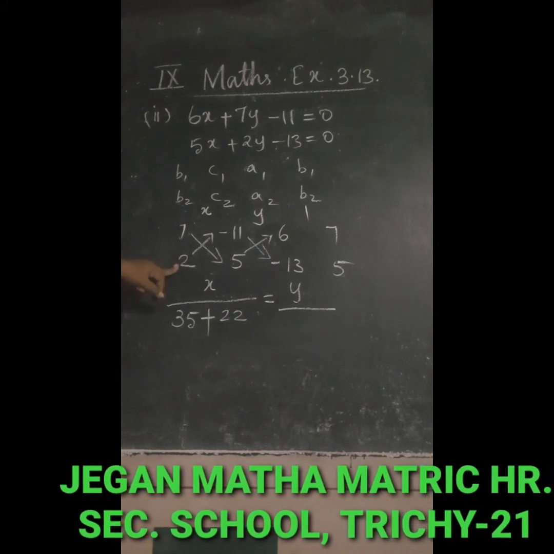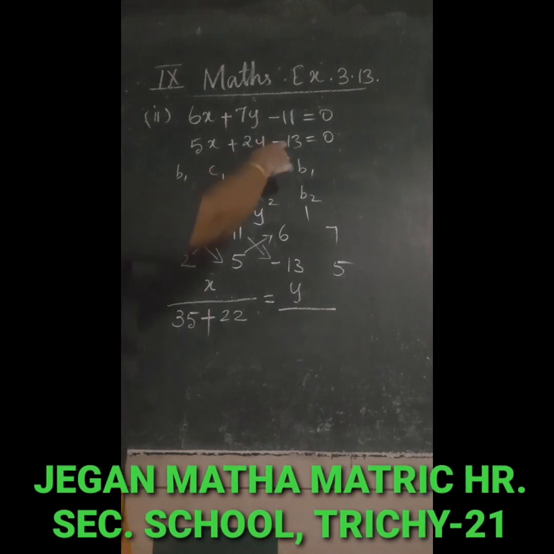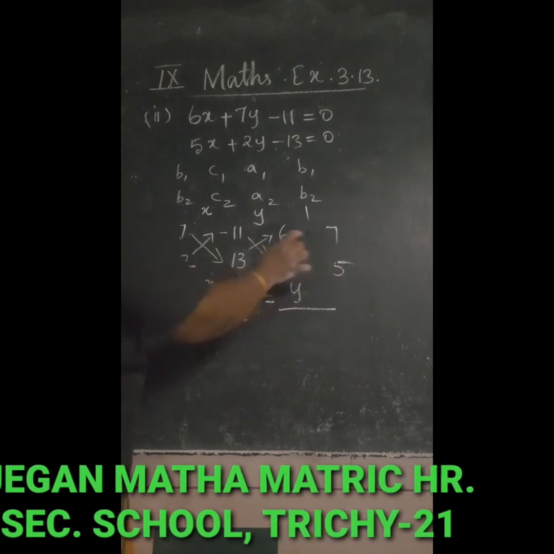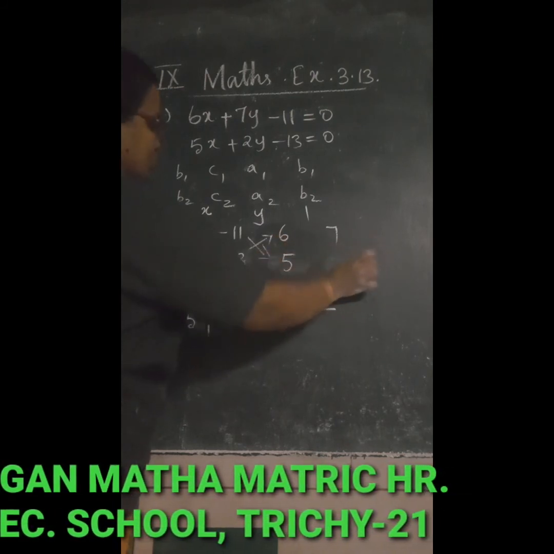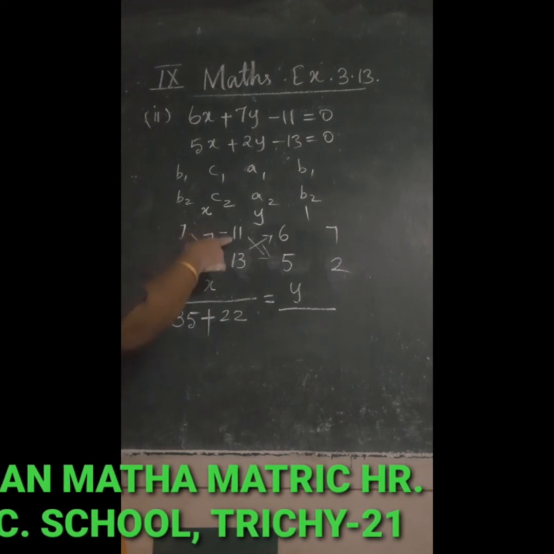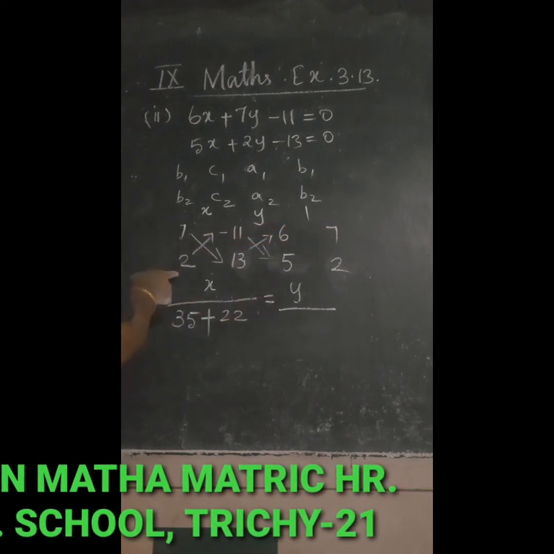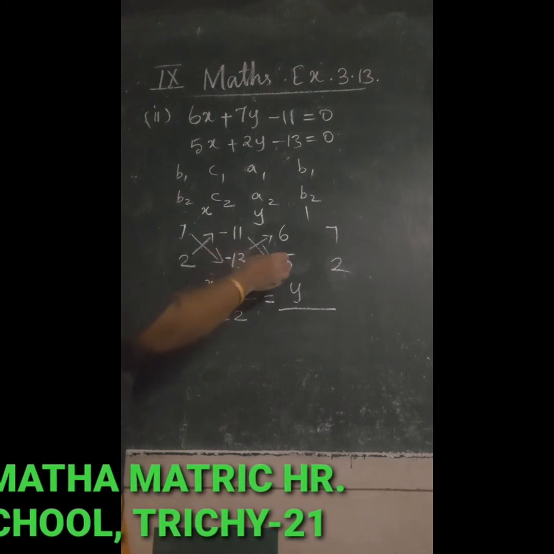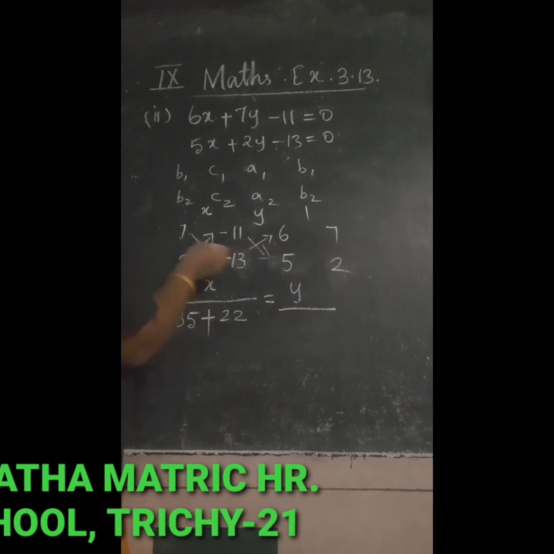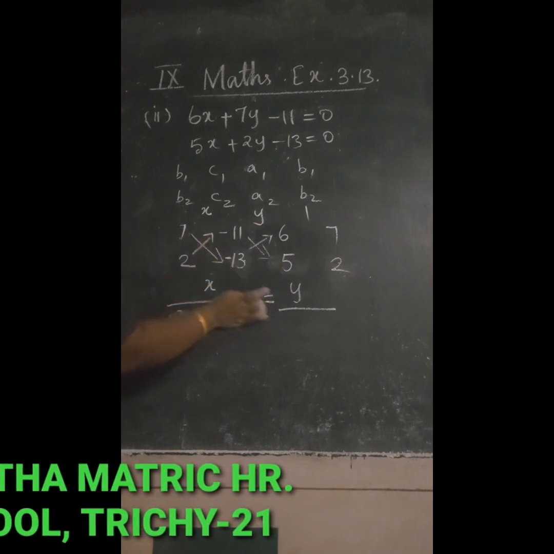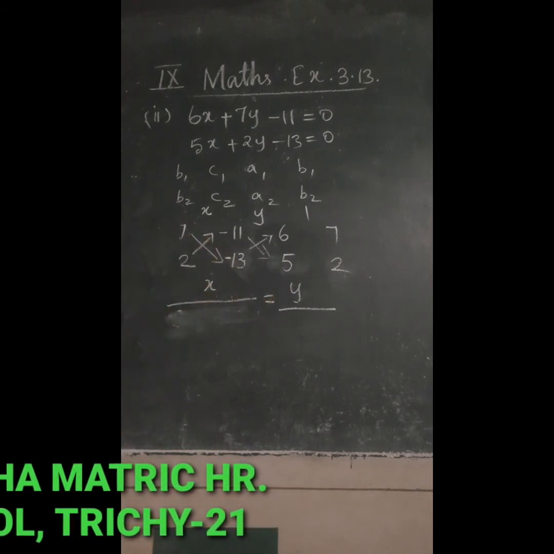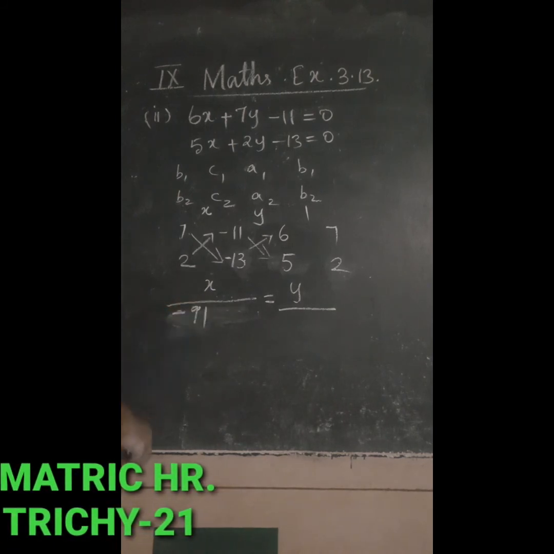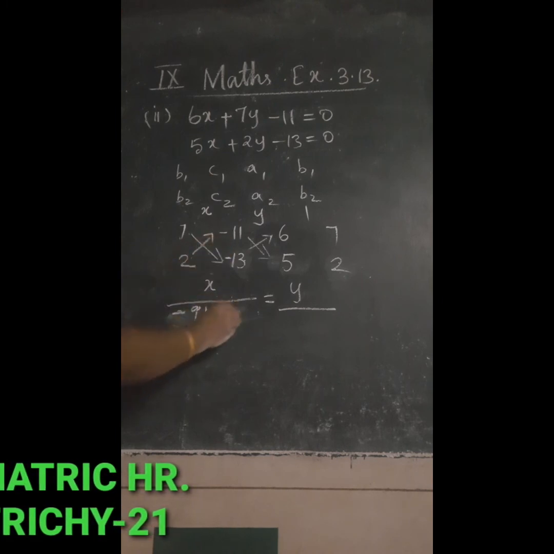Sorry, here 2 and minus 13 is here. So put 13 here and again here 5 and again 2. So 7, minus 11, 6, 7 and here 2, minus 13, 5 and here 2. So now 13 into minus 7 we will get minus 91, and minus of minus plus 22.